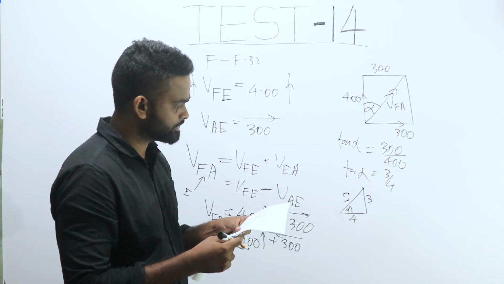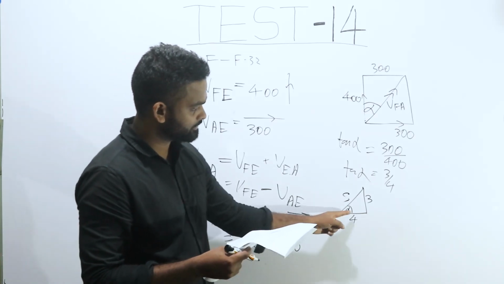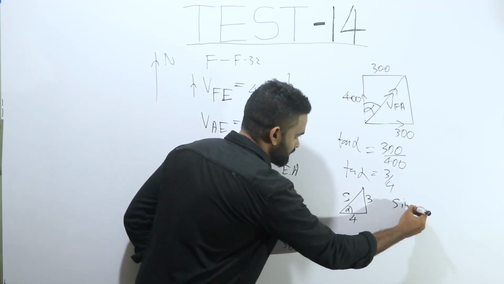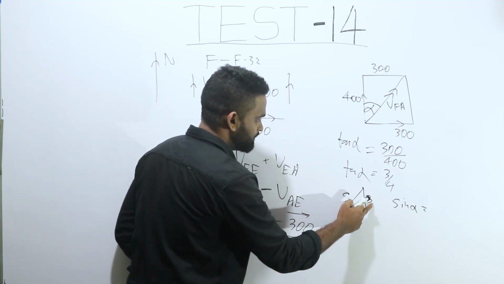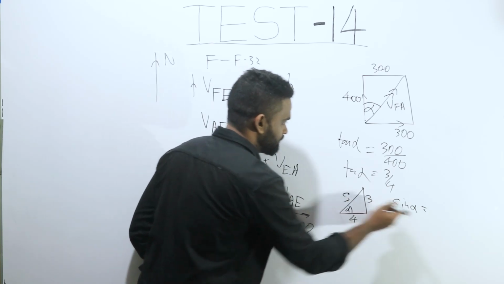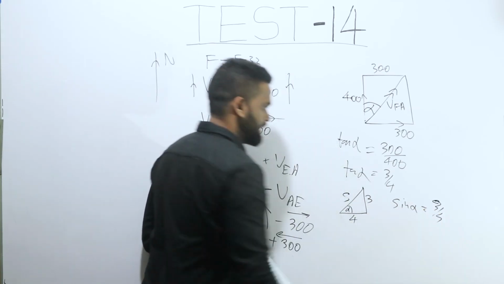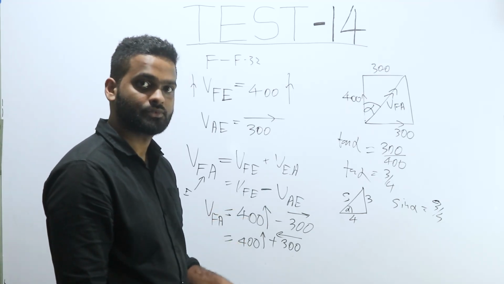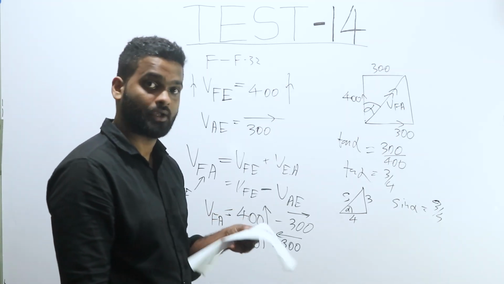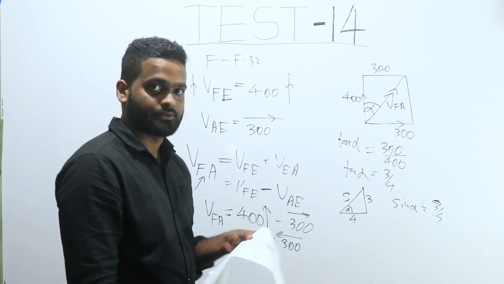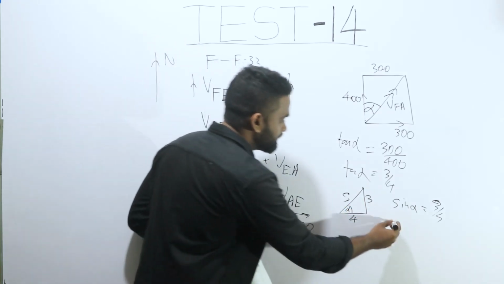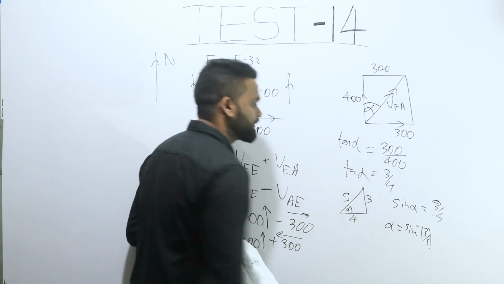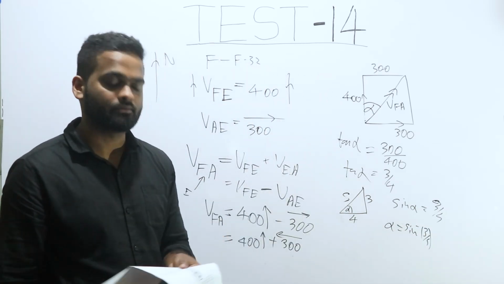Then let's choose an answer. You can take sine alpha from this. Sine alpha is opposite divided by hypotenuse, 3 over 5. So do we have sine inverse 3 over 5? Yeah, we do. Second answer, right? So alpha is sine inverse 3 over 5.